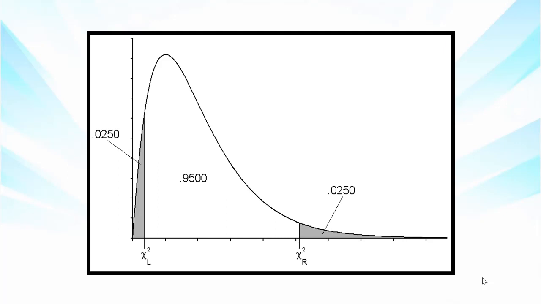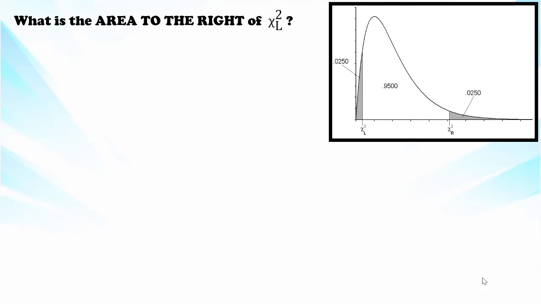So then we're going to ask ourselves a few questions. Let's keep that graph up there so that we can see it as we answer these questions. What is the area to the right of chi-square L? So if we look to the right of chi-square L, it's 0.9750. How did we determine that?